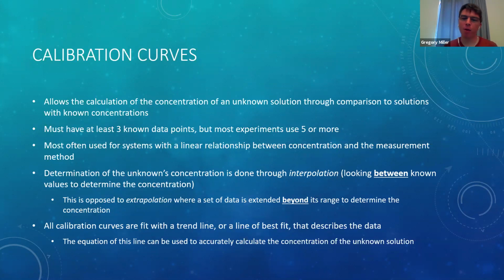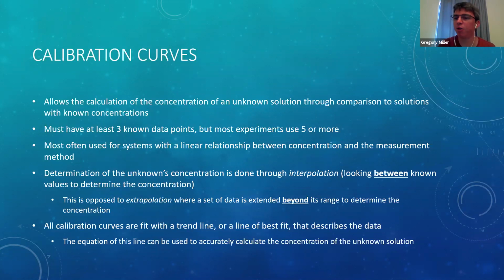For example, if we were to graph all of our known concentrations and densities and it fit this range, if our unknown was way up here, we can't do interpolation anymore. It's outside of the range we measured. Now, either we have to scrap the experiment, start over, or sometimes you can just add more samples to increase your range, which is why 5 or more is used.